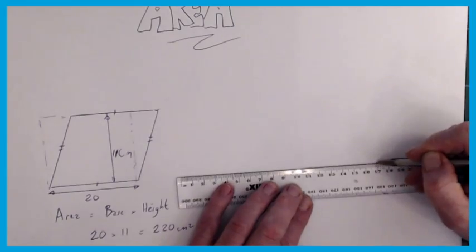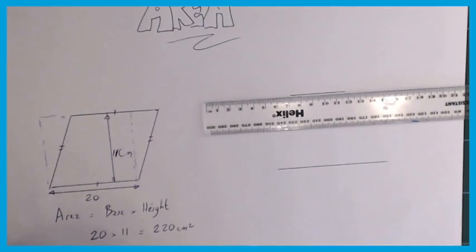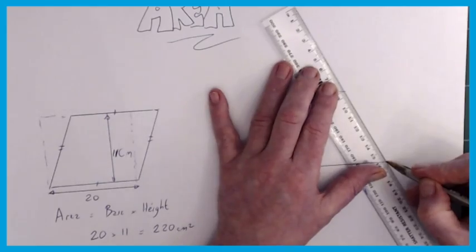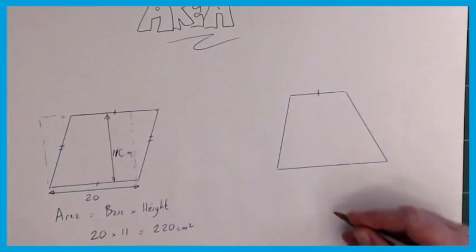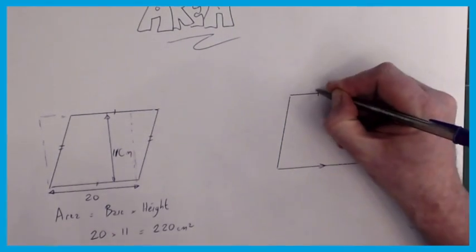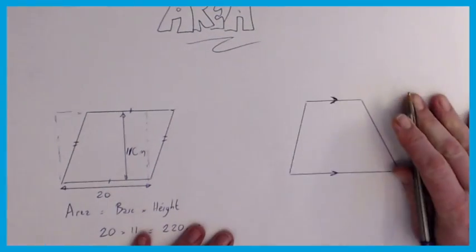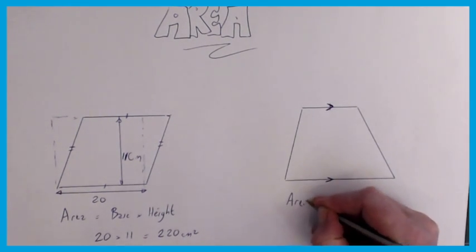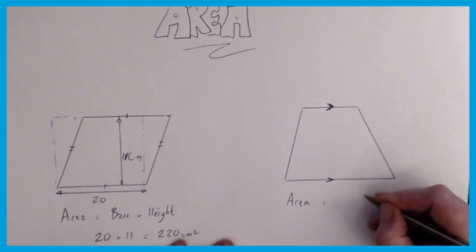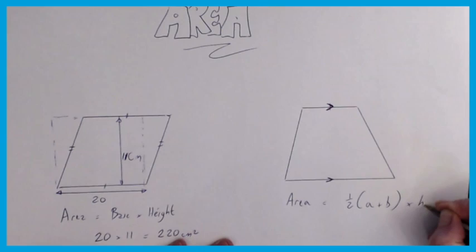So we've got a trapezium there, with parallel sides there. The formula is area equals a half A plus B times height.